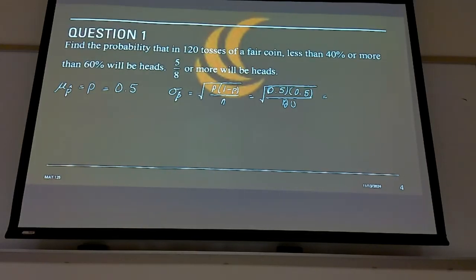You should get about 0.0456. That's what we're going to stick with. For the first probability, we're looking for less than 40% or more than 60%.